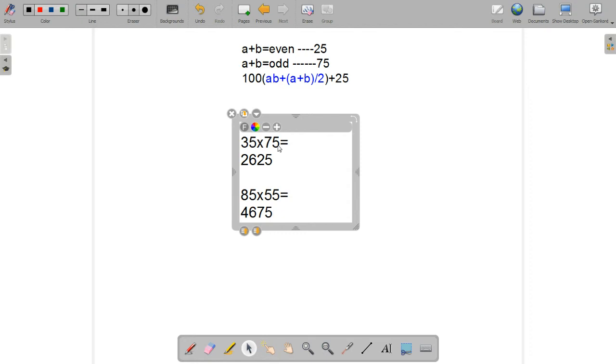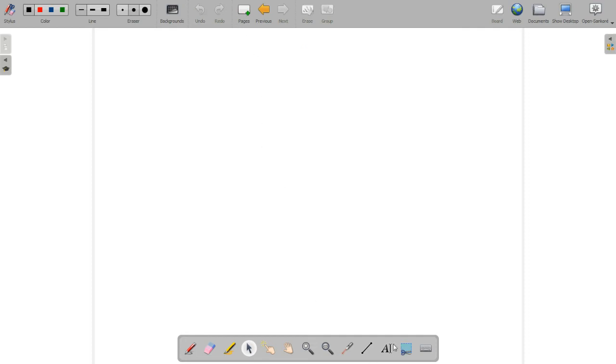There's another way to think about these types of problems. If you remember the previous video, not sure you saw it. Let's say 25 times 35. Well, what's the distance between them? Well, they both have a number that's in between them, which is what? 30.